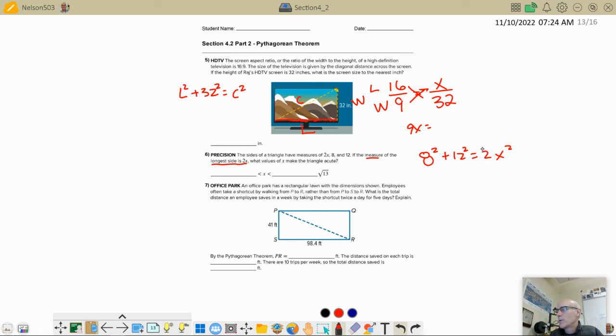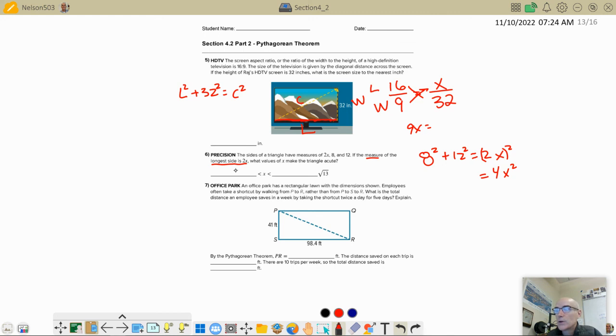Now, oops, I better put 2x in parentheses because 2x squared is going to become 4x squared. You're going to solve for x, okay? And then it says what value of x makes the triangle acute. So you want x to definitely be greater than 0.